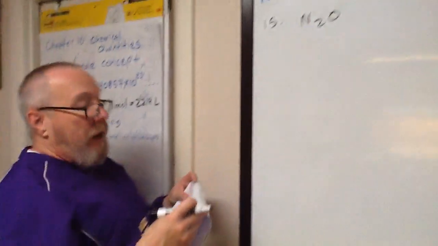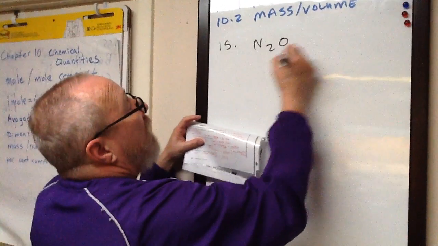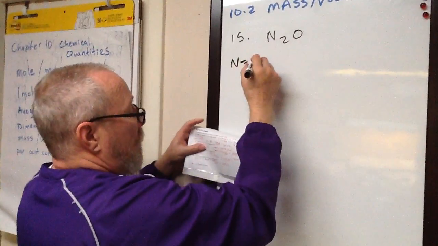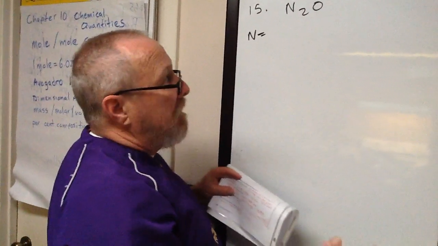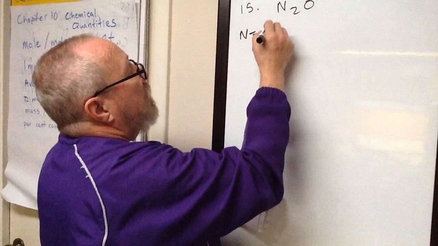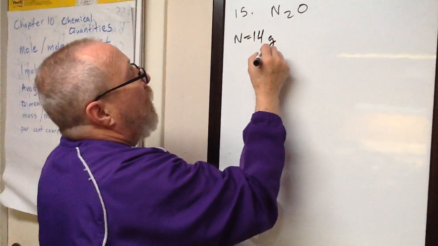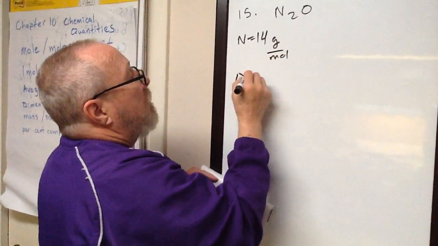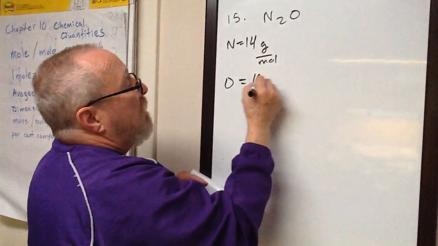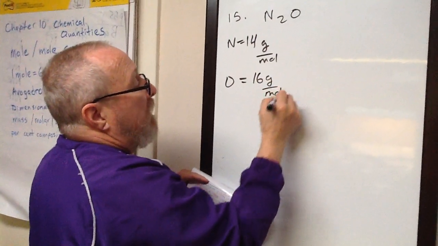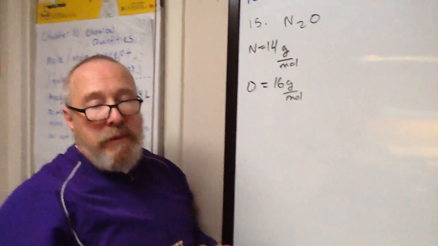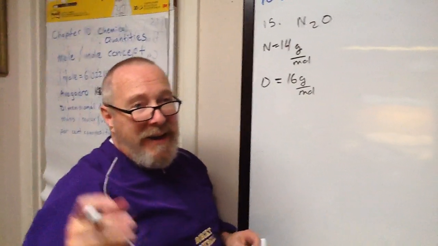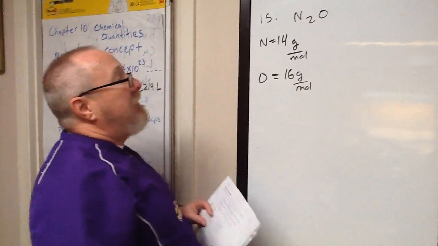For this N2O, all we need to know is how much a mole weighs. Nitrogen is 14 grams per mole, 14.007, but can we just call it 14 grams per mole? And oxygen is 16 grams per mole, actually 16.0. If you look at your periodic table, it'll say 15.999 and some more numbers after that, but that's 16.0.